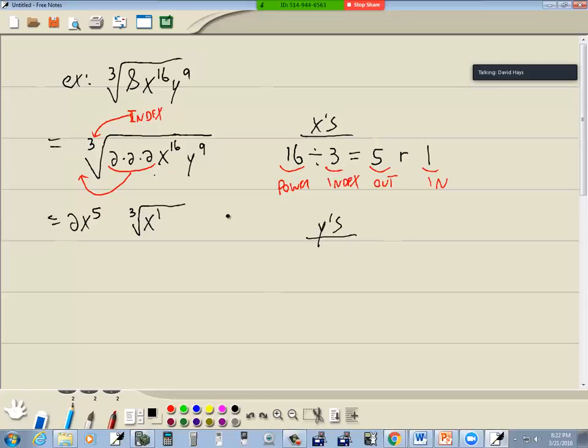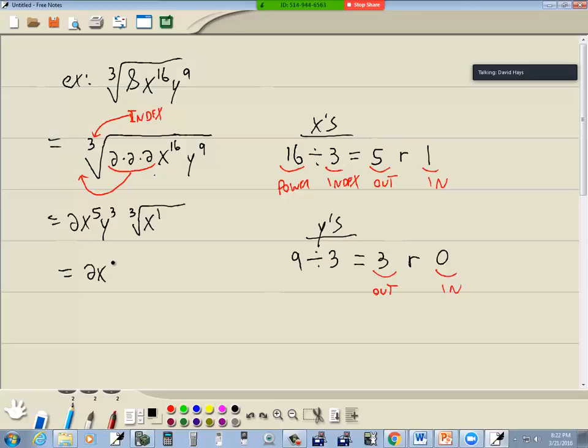Now for our y's. Our power is 9, so we're going to have 9 divided by our index. That gives us 3 with a remainder of 0. So this tells me how many I'm going to have come out, and this tells me how many I'm going to have stay in. So I have 3 y's come out, and I have no y stay in.